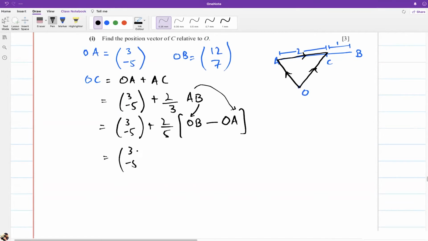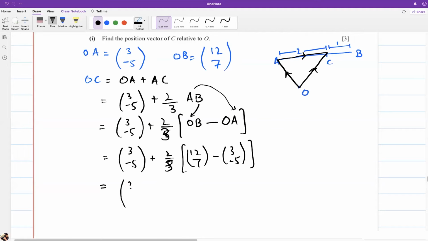So (3, -5) plus 2 by 5, or 2 by 3, sorry. Should it be 2 by 5? Yeah, that should be 2 by 3. OB, which is (12, 7), minus OA, which is (3, -5). Make sure you don't multiply 2 by 3 with just the first one. You have to make sure you go all the way. So I can simply add it all up.